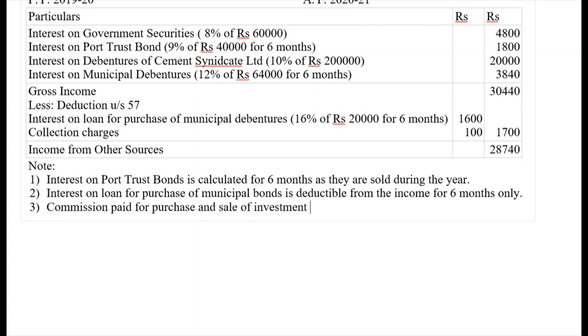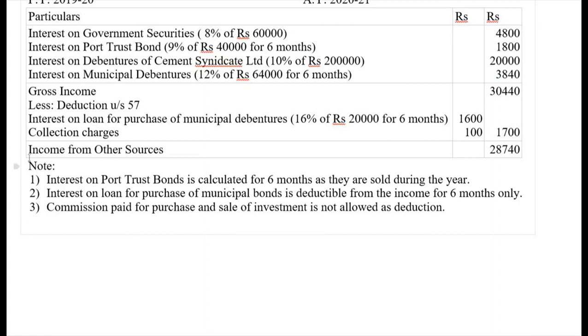It is not allowed as a deduction, as the commission on purchase is included in the cost, and that on sale is deducted from the selling price here. I think there are only 3 notes. Collection charges are allowed as a deduction here.